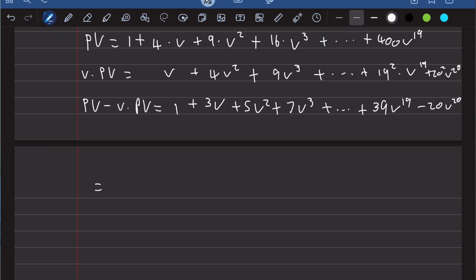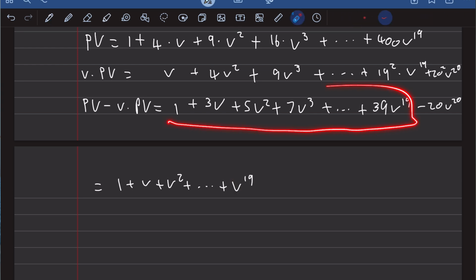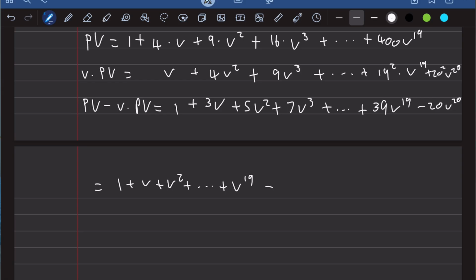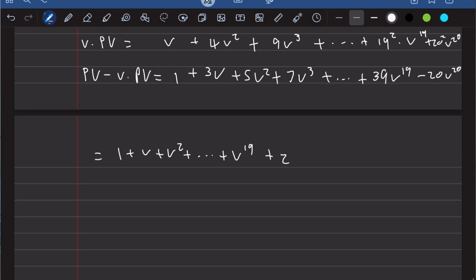The way I'm going to write it is 1 plus v plus v squared all the way up until plus v to the 19. Basically what I've done is I've taken 1 out of all of these, and then I factor out a 2 from the rest, so we're left with 2v, 4v squared, 6v cubed.